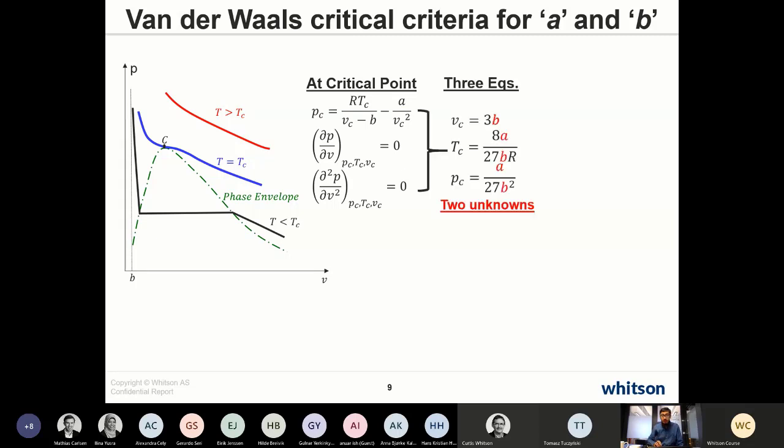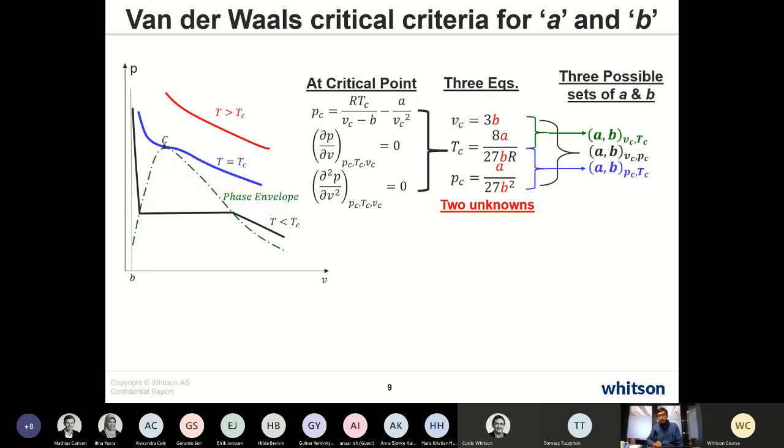So now, with these three relationships, we can develop three equations with only two unknowns. We have A and B, which are the unknowns, and we have three equations to solve. We can solve these three equations in different ways and come up with three sets of A and B values.